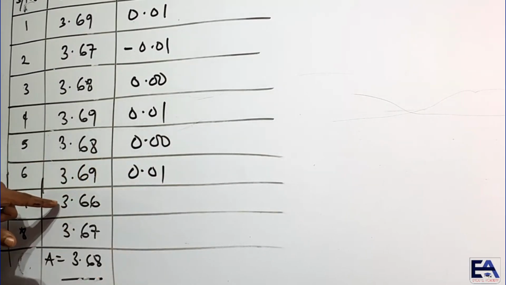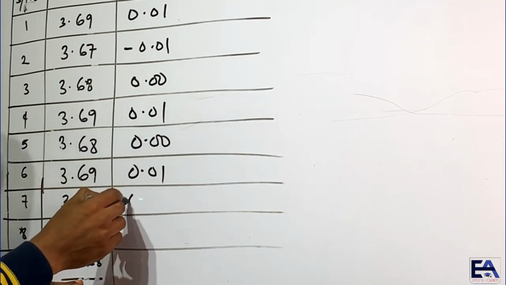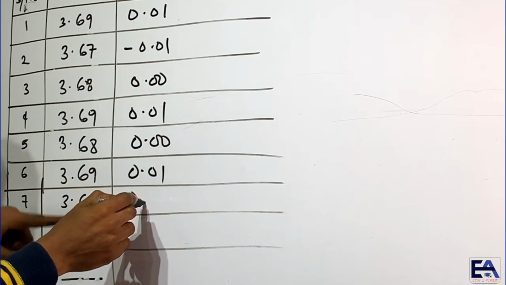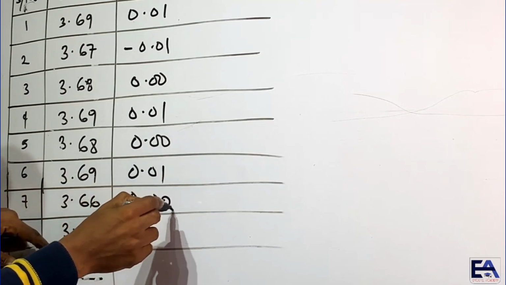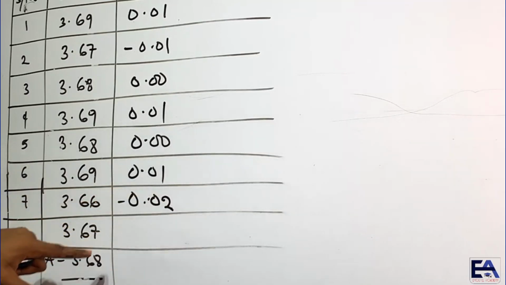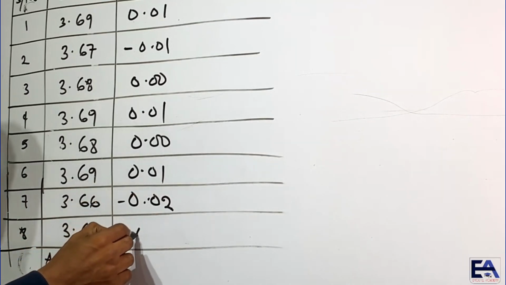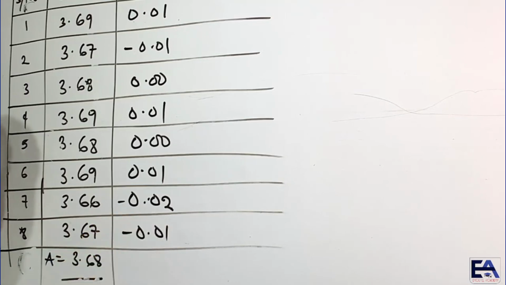And then 3.66 minus 3.68 is negative 0.02. And then 3.67 minus 3.68, we have minus 0.01.